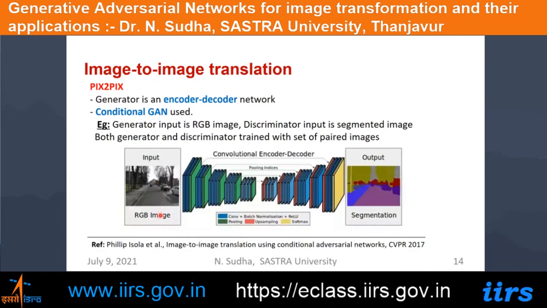If you want to do segmentation in the case of autonomous driving, the scene is given, then you get the segmented output. So this is also one kind of image to image translation only. You are giving the RGB image, you are getting the segmented output. So the generator is an encoder decoder network, and the conditional GAN is useful in this case, because in a conditional GAN the input is always a meaningful input, not just a noisy input.